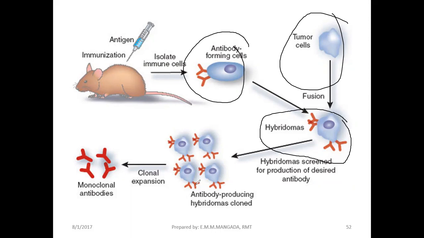If this B cell produces antibodies against the orange epitope, we isolate them from B cells that produce antibodies against any other epitopes. Like we separate B cells that produce antibodies against epitope green, against epitope pink. We separate also the B cells that produce antibodies against epitope red.